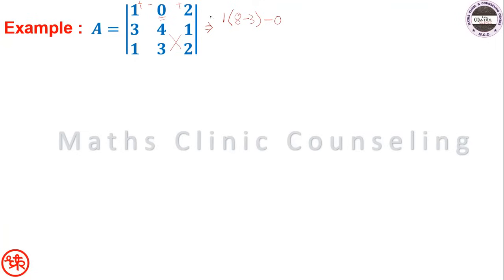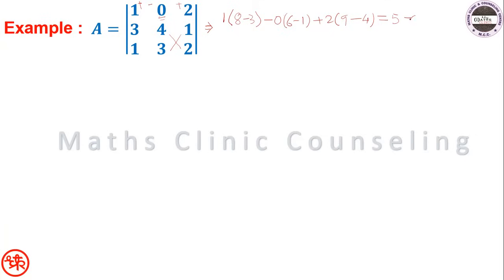So 0 into 3 into 2, 6 minus 1, and then plus 2 into 3 into 3, 9 minus 4 into 1, that is 4. So it is equal to 8 minus 3 is 5, into 1, that is 5.